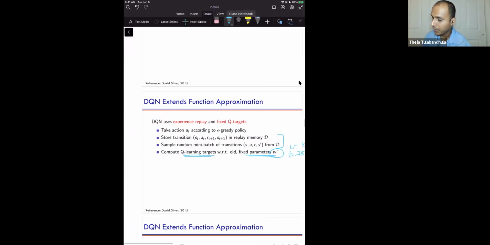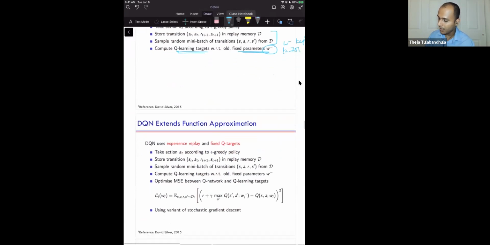Okay, so given those two, sample the mini batch and freeze the target, we're going to do this minimization, which is written here. So it's the same as before. W subscript i just represents the ith update, so we're going to try to minimize this over Wi.